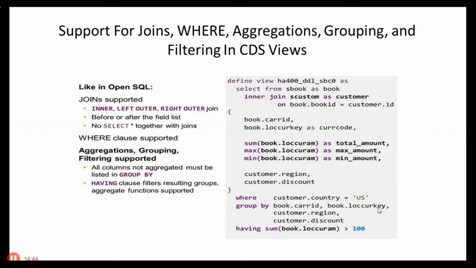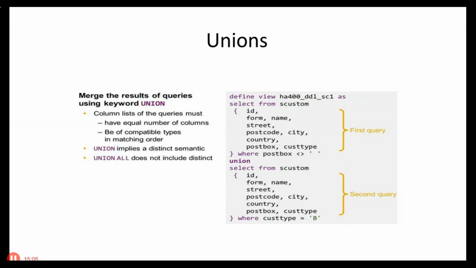Group by means we are collecting the data by book dot carrid and book dot local currency, having sum of book dot local currency greater than 100. All these conditions can be written and made use of in CDS views.